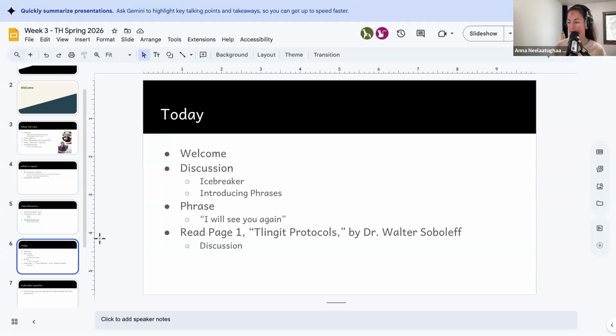And if we have time, we'll start looking at this article by Dr. Walter Soboleff called Tlingit Protocols. We'll start using that as our base resource for learning vocabulary and staying grounded in cultural values and protocol.